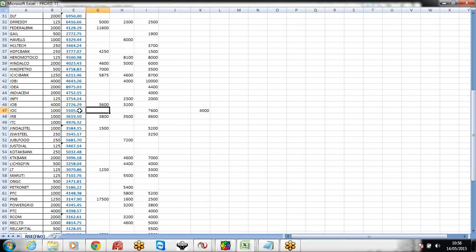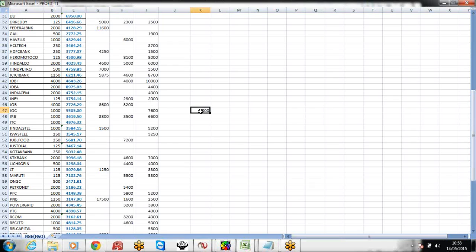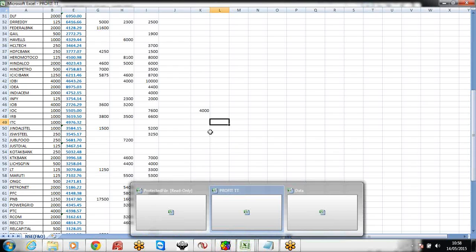So we charge an intraday margin of 5,500 rupees for IOC. For that, you have made a profit of 4,000 rupees. That means more than 80% profit. That's how you should be calculating a return on your investment.